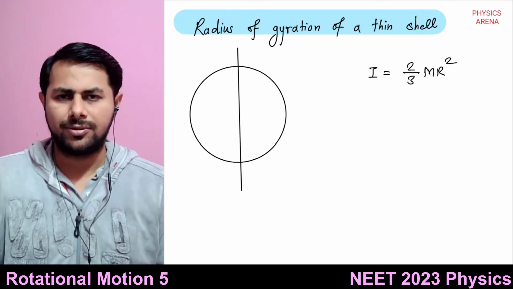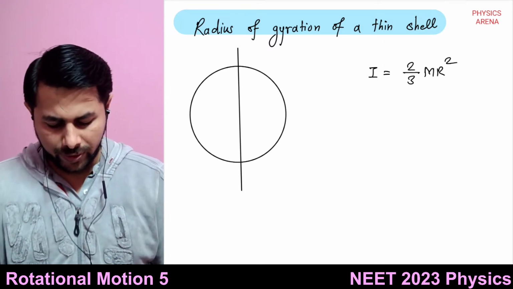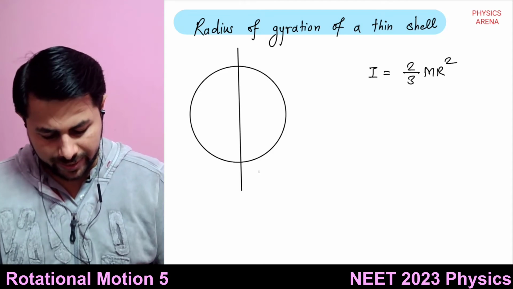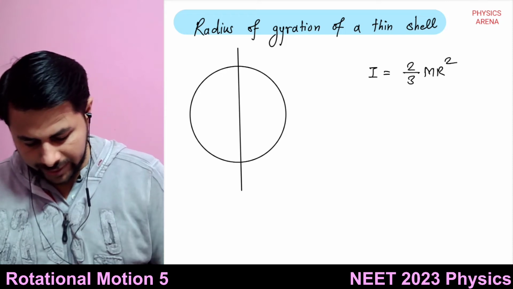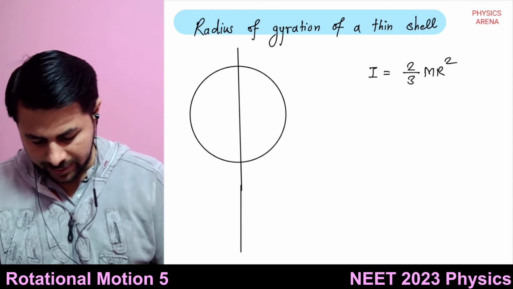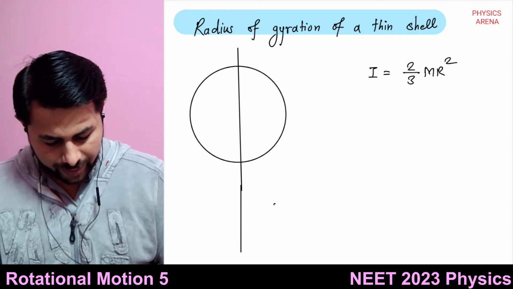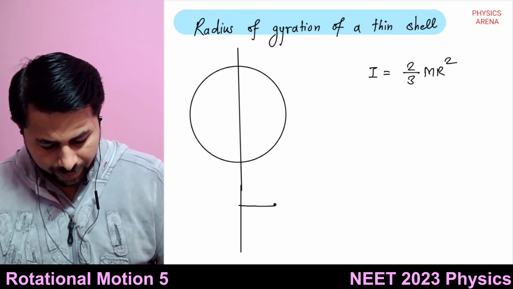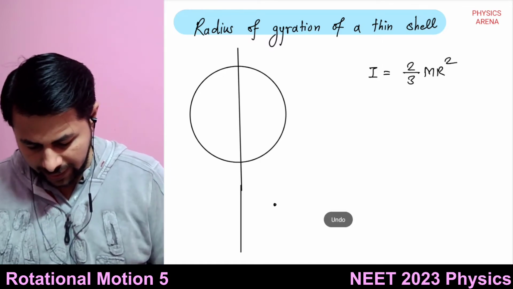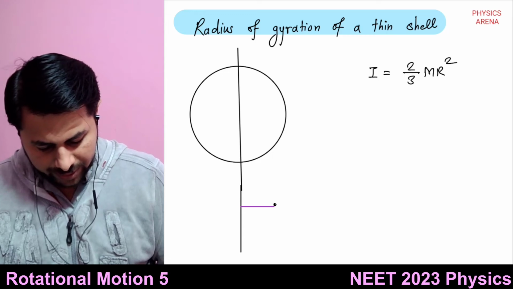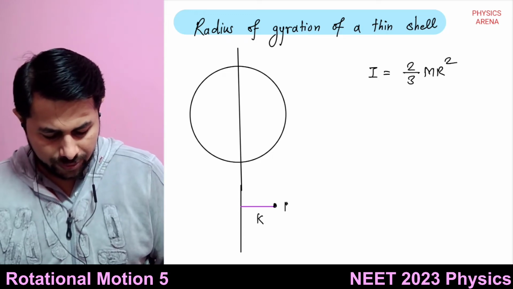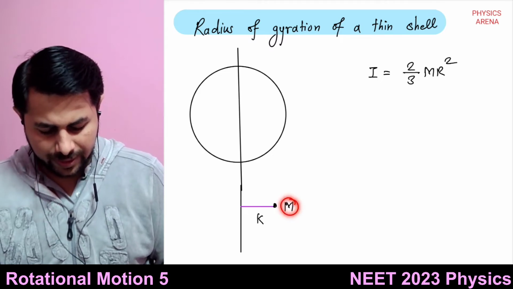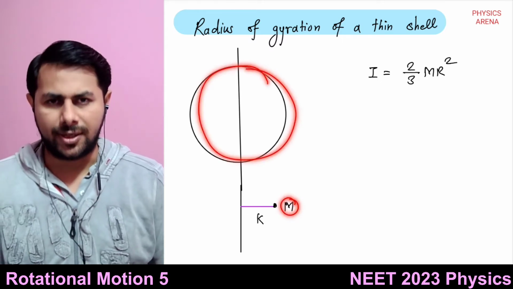We know this. Okay. So what we'll do is we'll replace this shell by a point mass. And at what distance should we keep that point mass such that it will have the same moment of inertia about the same axis? That distance is known as radius of gyration. It's denoted by k. So the mass of this point mass is equal to the mass of this shell.